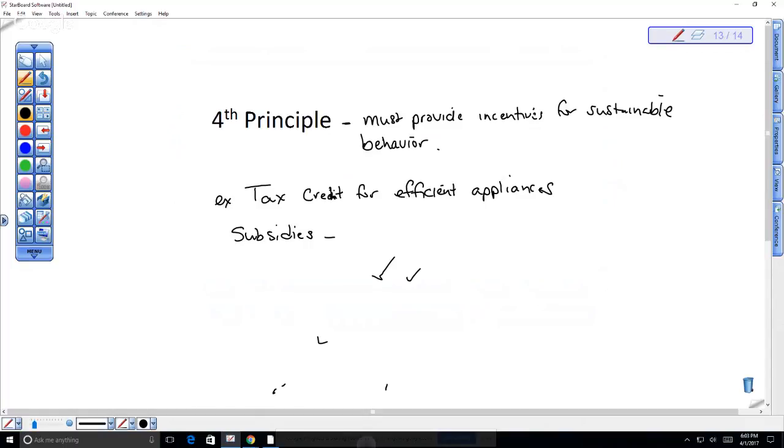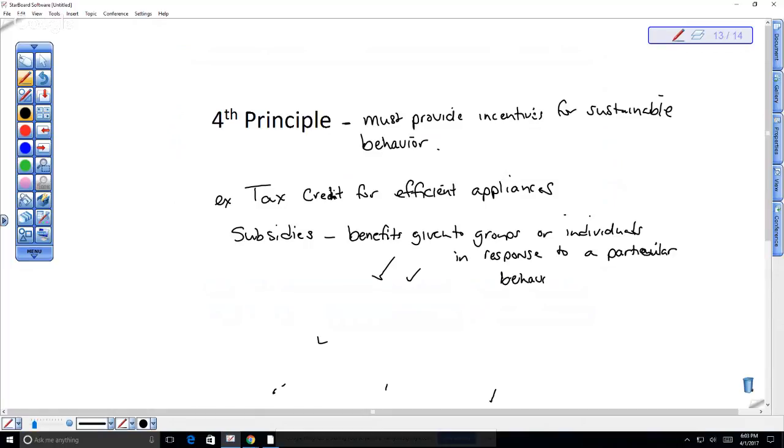So these are benefits given to individuals or companies, groups, in response to a particular behavior. Now, sometimes we subsidize farmers, for example, to grow particular crops. We might give them a subsidy, okay?